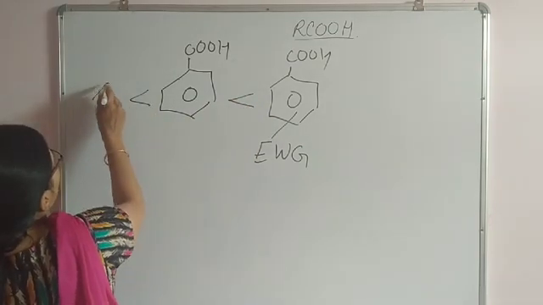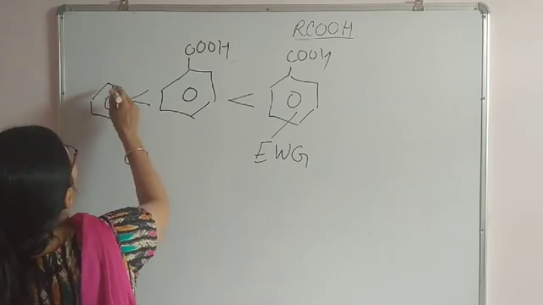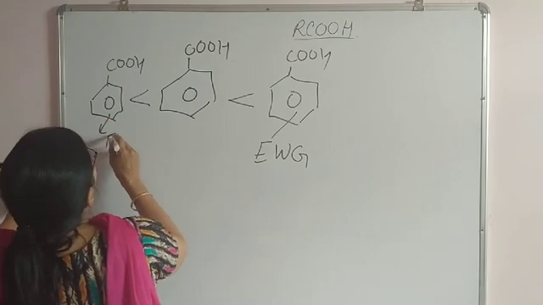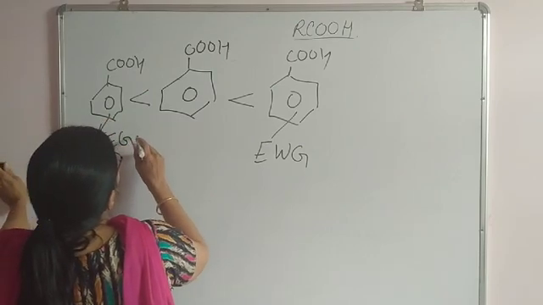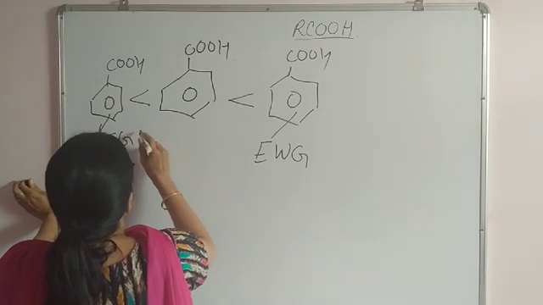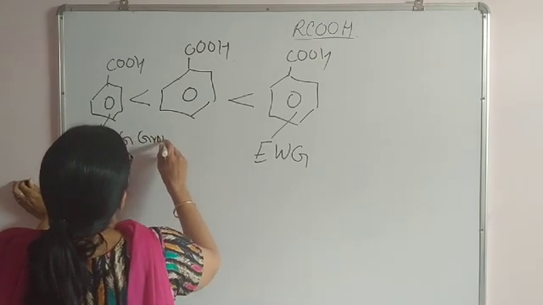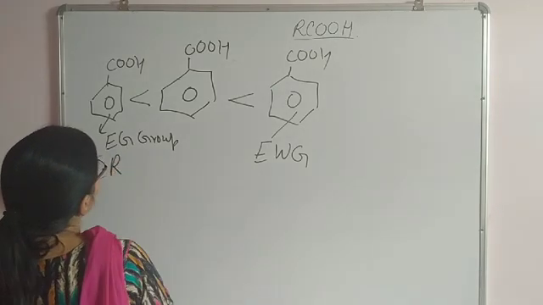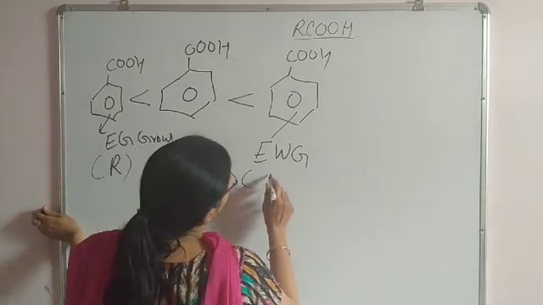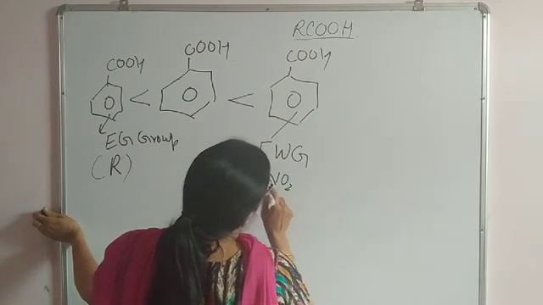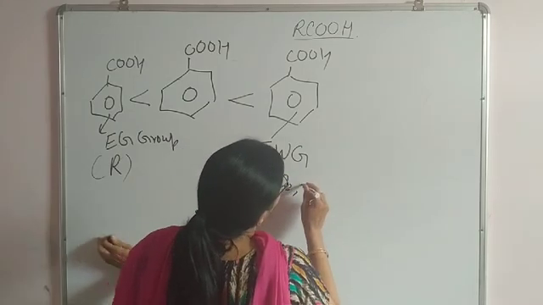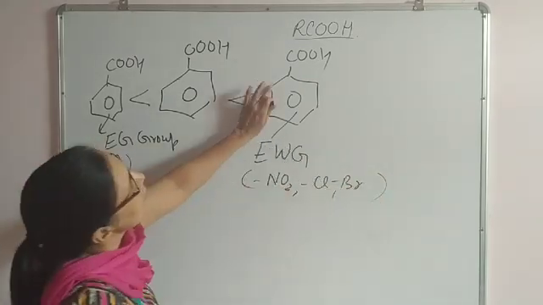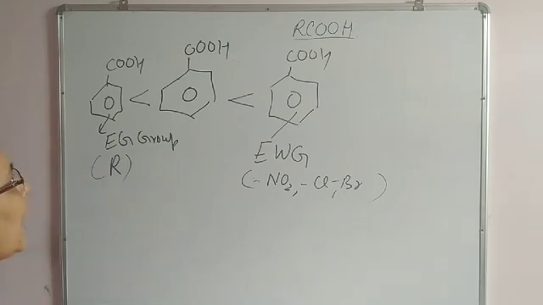And if it is an electron giving group, for example R group, okay, here for example nitro group, chloro group, bromo group, then this carboxylic acid is more acidic.